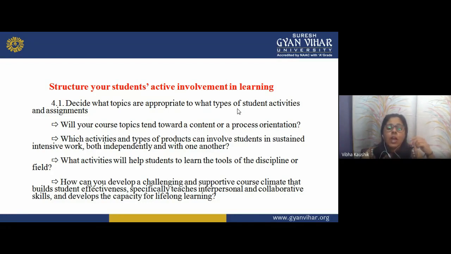A challenging and supporting course climate, so that your objectives can be achieved, builds student effectiveness, specifically teaches interpersonal and collaborative skills, and develops the capacity for lifelong learning. You have to plan the activity in such a way that the student will be able to learn the basic skills, the skills of collaboration, working cooperatively with other individuals, and develop the capacity for lifelong learning.